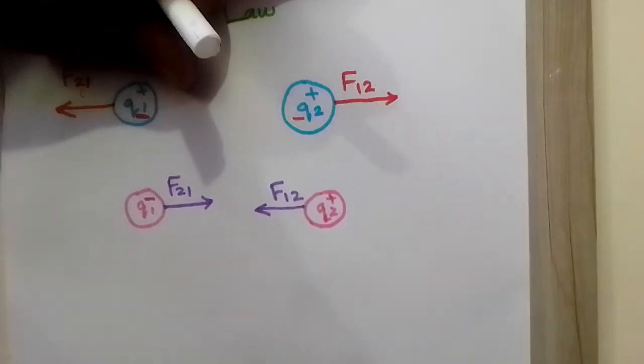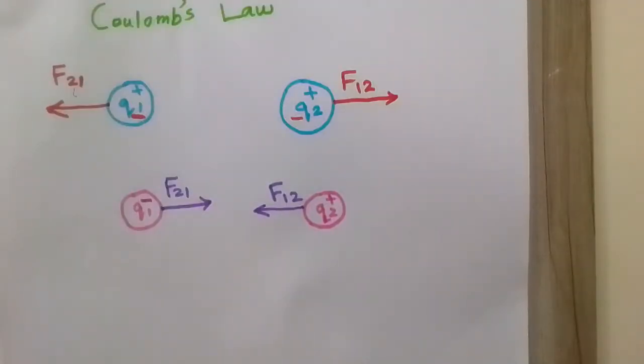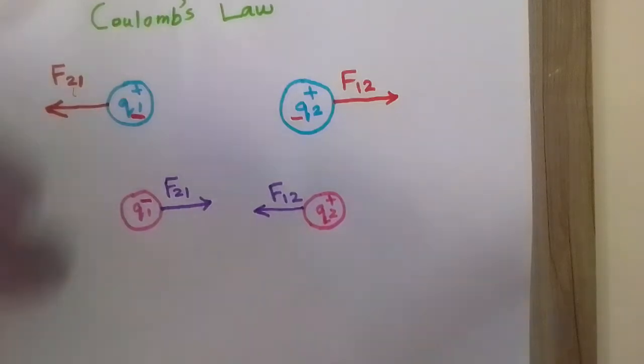So we can see in this case the forces are inward. The direction of F21 is towards q1, and the direction of F12 is towards q2.